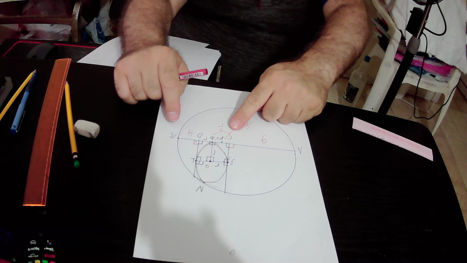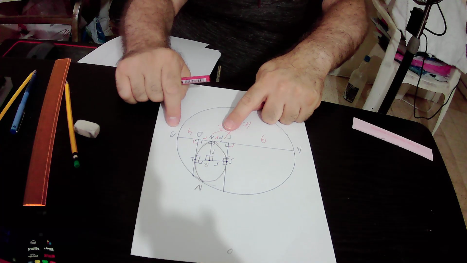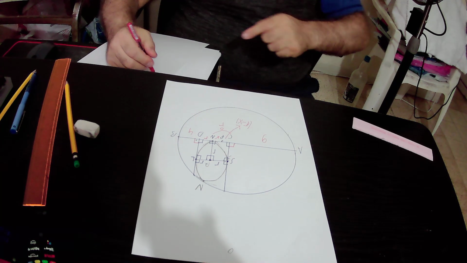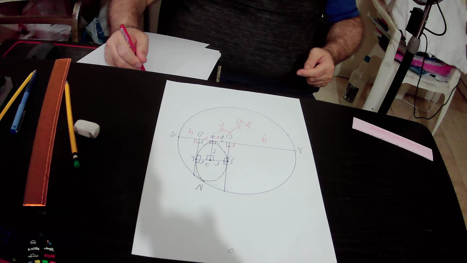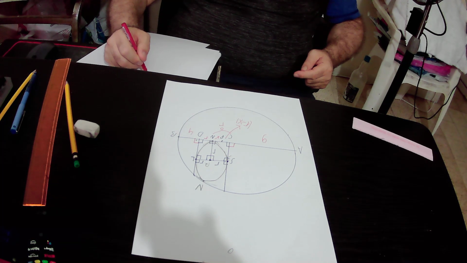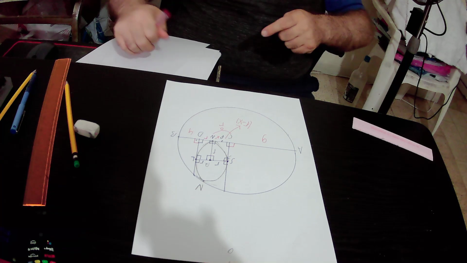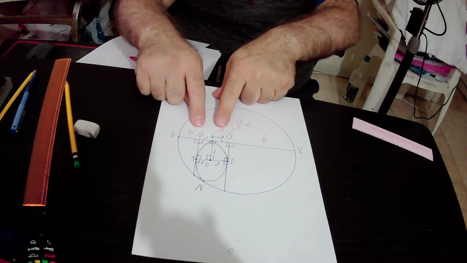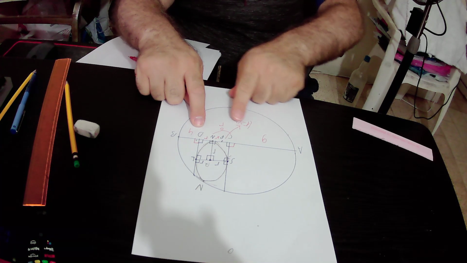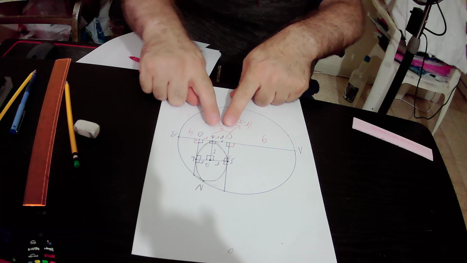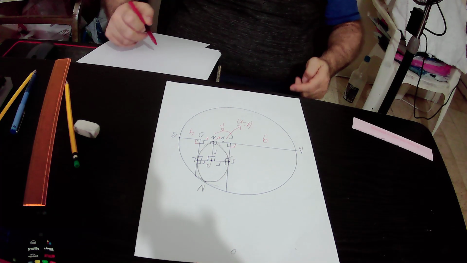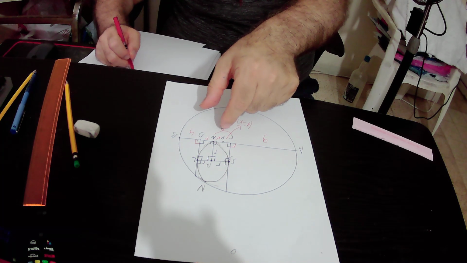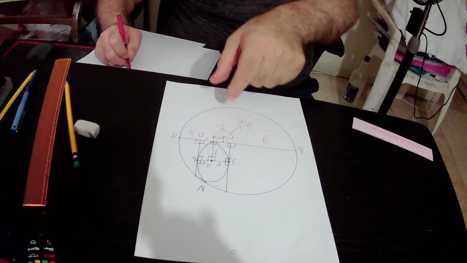Okay, we calculate the size of PB, that is the radius of the big circle, capital R, which will be equal to BD, that is 4 units, plus ND, that equals small r, plus PN, that equals x.